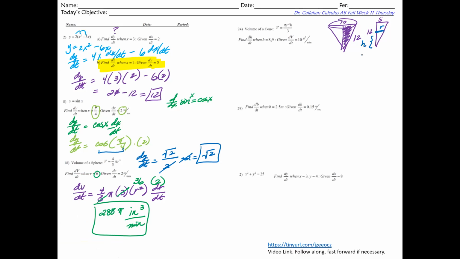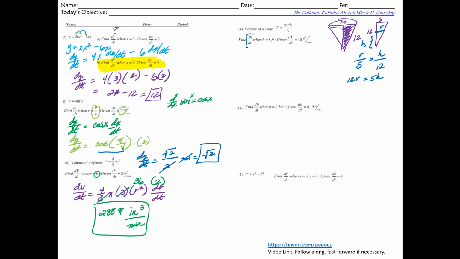So then I'm going to go ahead and set this up. I'm going to have my radius over 5 is equal to height over 12. So then I'm going to go ahead and cross multiply this. So I have 12r is equal to 5h.